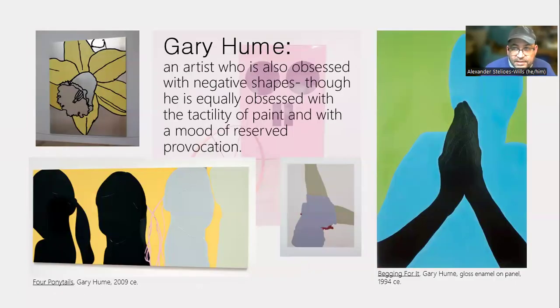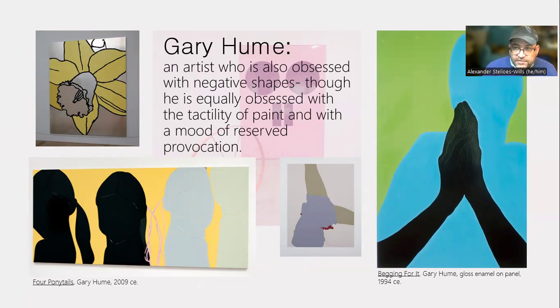Gary Hume is a British artist who's also very much interested in the play between positive and negative. And I think he really enjoys it because of its aspect of being able to hide imagery or play with what you know about the imagery, like things get flattened out, things get a little bit hard to understand and to read.